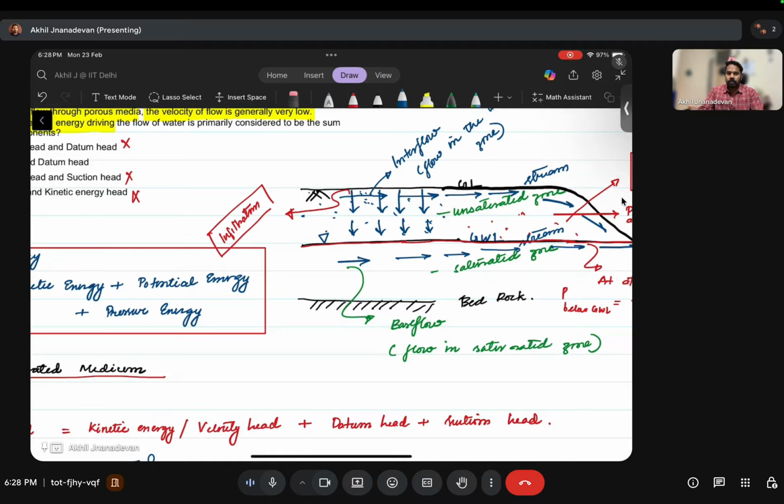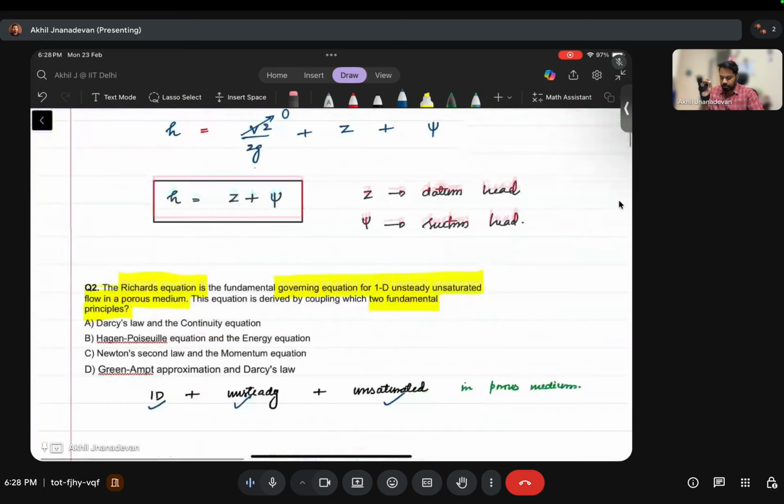In this syllabus, we are focusing on only the one-dimensional form, because the main process we want to model is infiltration. We are not trying to model the other minor process, that is called the interflow, right? So you have to keep that in mind.